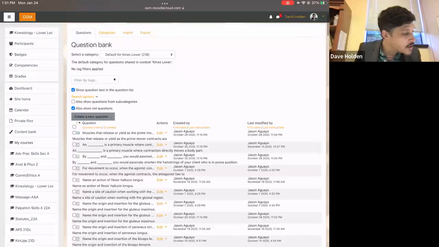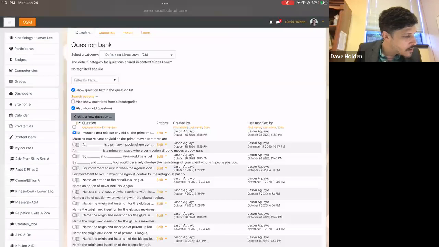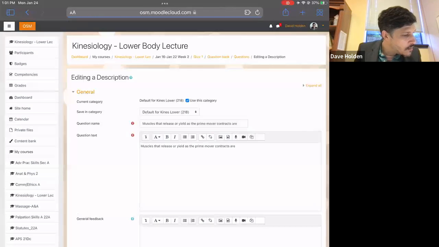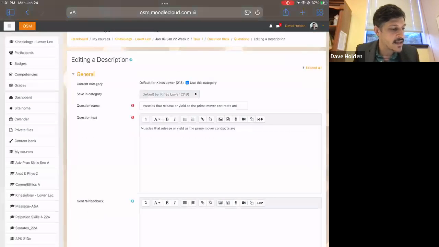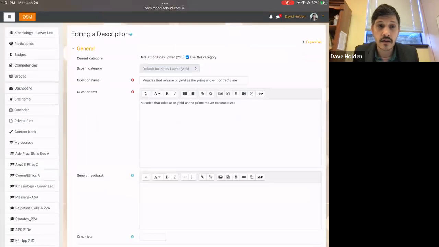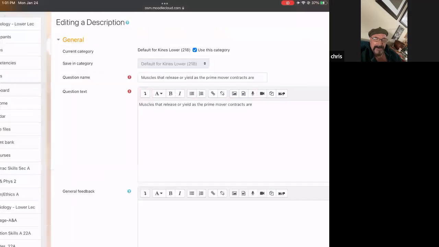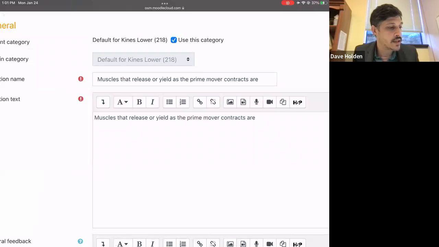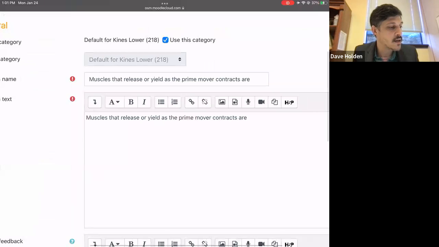So the first question: muscles that release or yield as the prime mover contracts. I don't think that's how it was worded, though. Muscles that release or yield as the prime mover contracts.